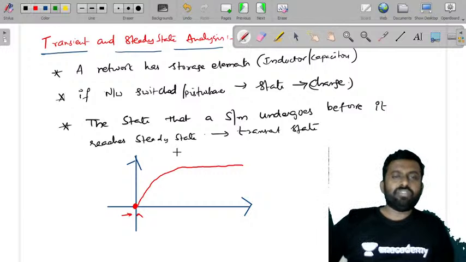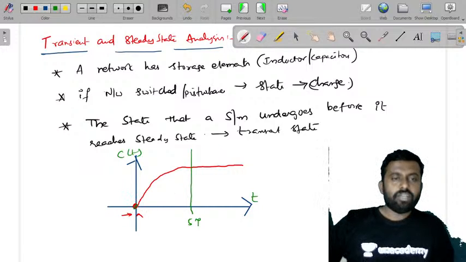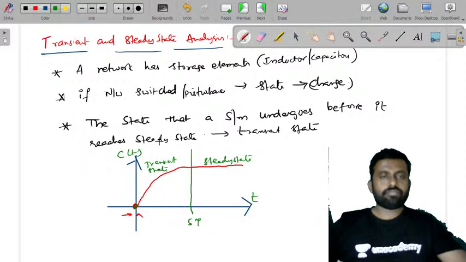Let's say this is c of t and this is t. This is the time constant it takes to reach the steady state. So this is called the steady state, and this is called the transient state.